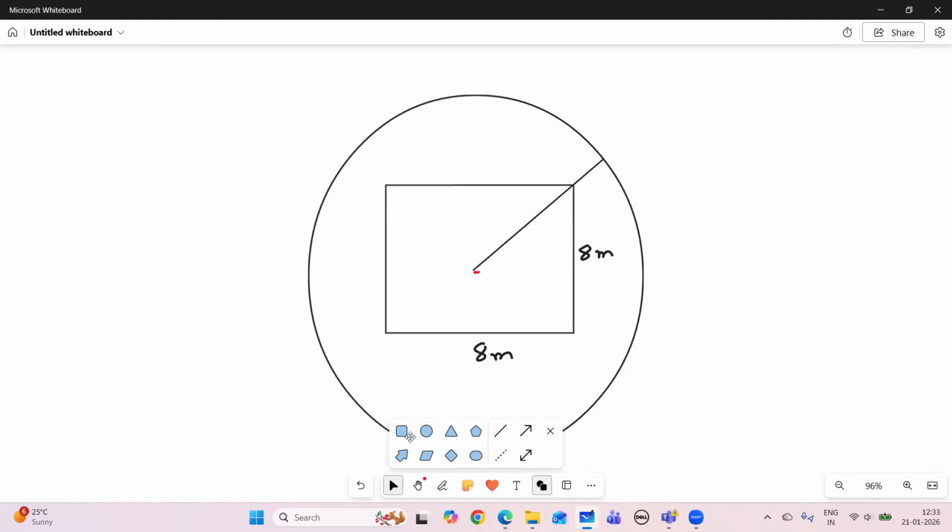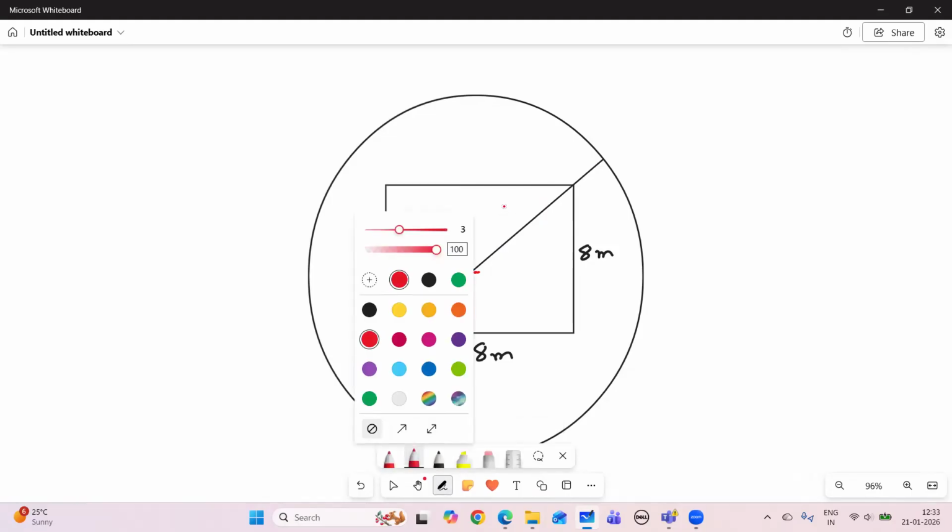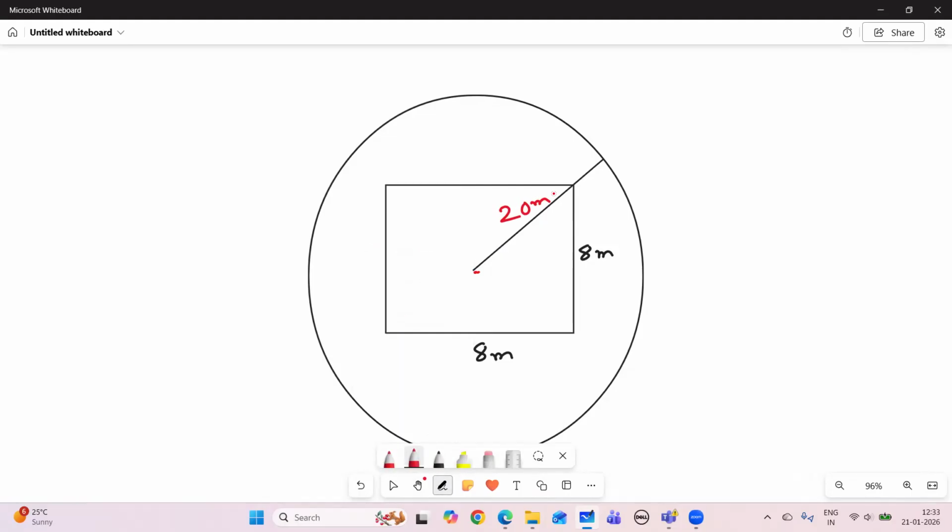This is given to be 20 units, 20 meters. Okay. Let us find the area of this circle. So let r be the radius of the circle. So we know that the area of the circle is equal to pi r square.